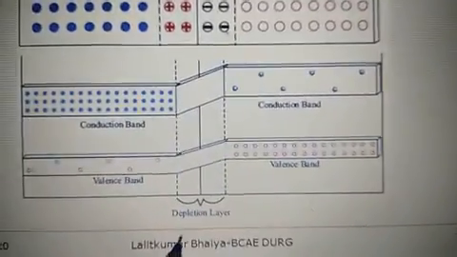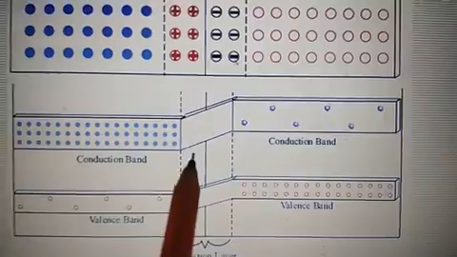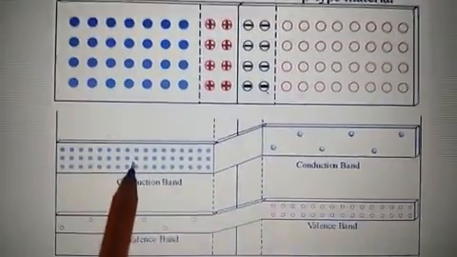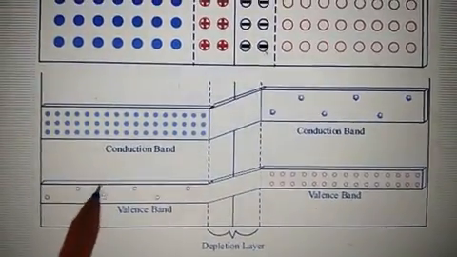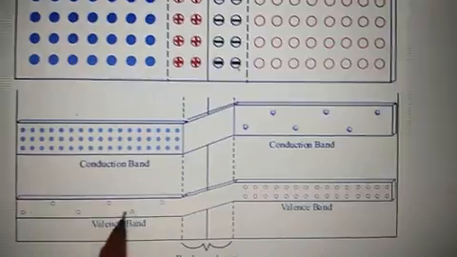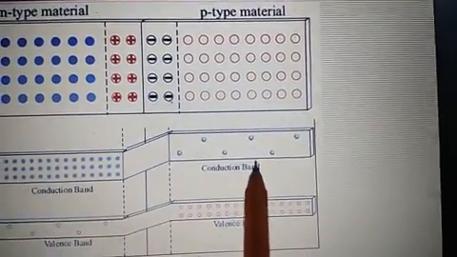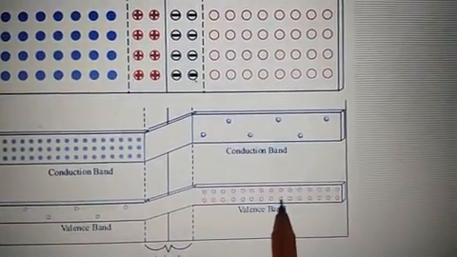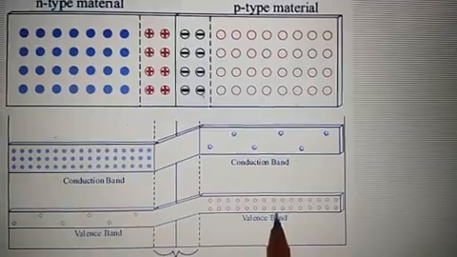And this graph shows you the depletion layer. This is the conduction band of the n type material, and this is the valence band of the p type material. And this is the conduction band of the p type material, and this is the valence band of the n type material.